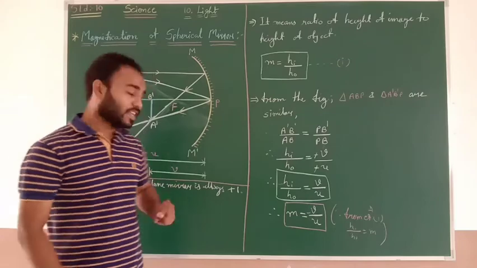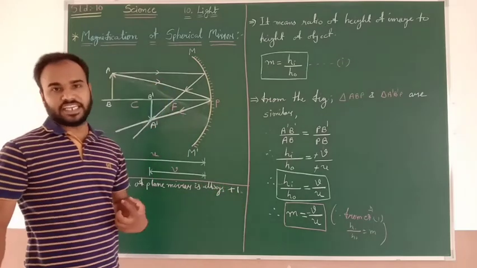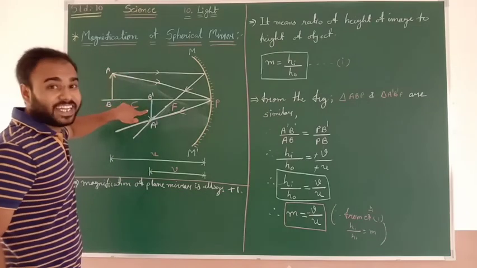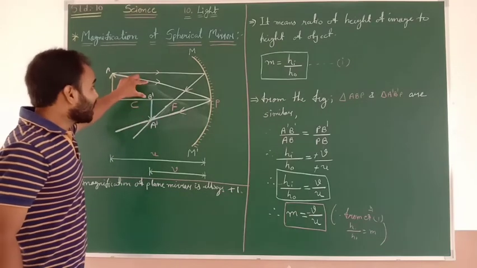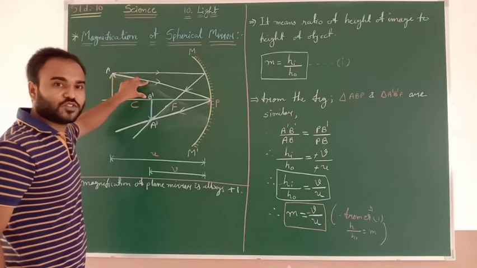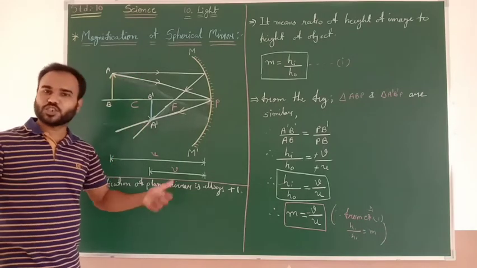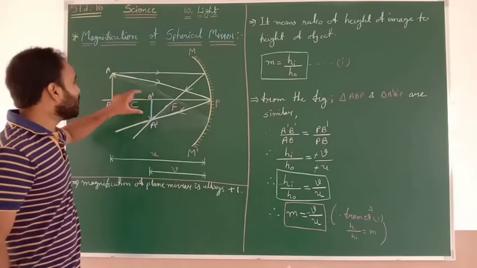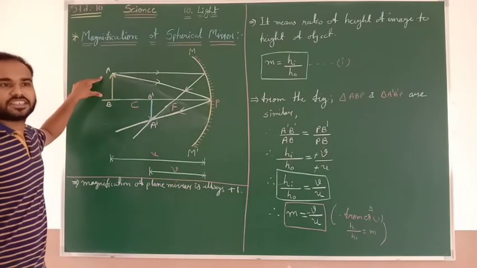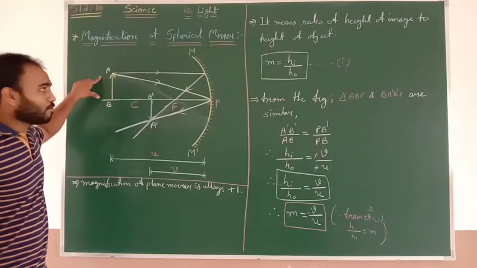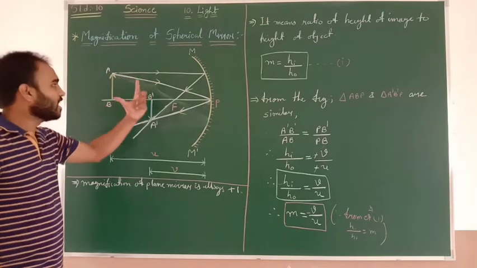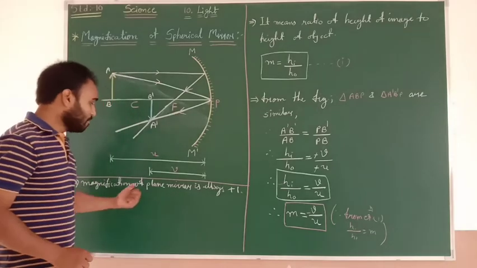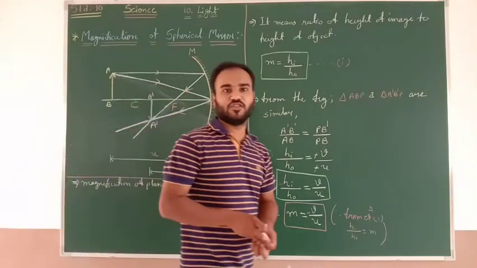So what does +1 indicate? Plus means the height of the image is positive. So which kind of image will it be? Obviously it will be a virtual image, and 1 indicates that the size of the image is the same as the object. Whatever the height of the object, that much height only the image has. So the magnification of a plane mirror is always 1.